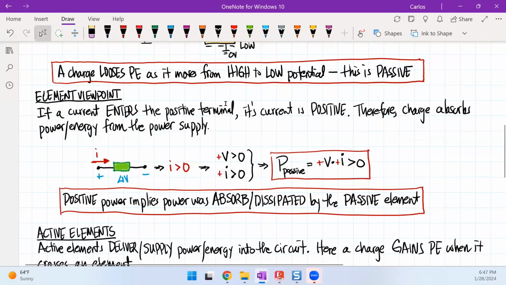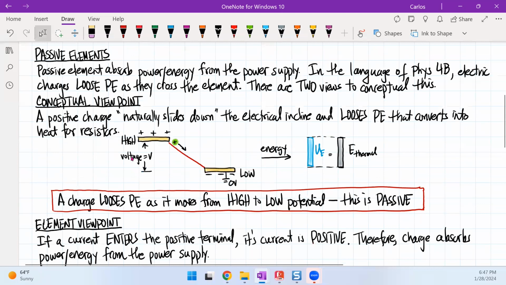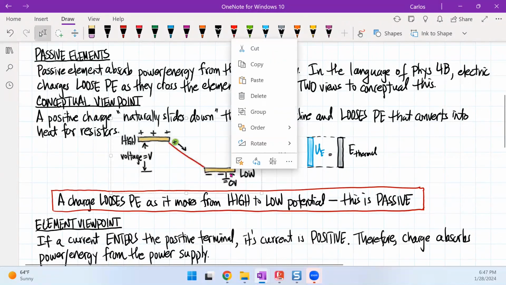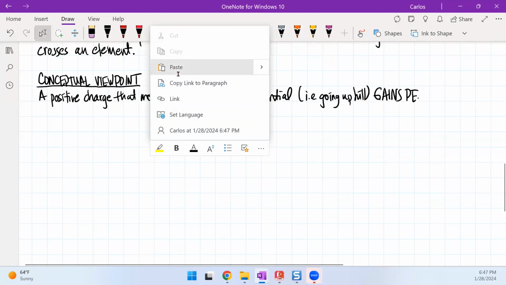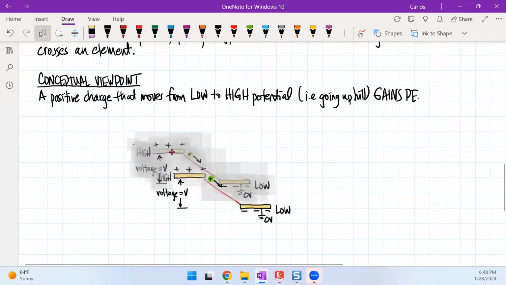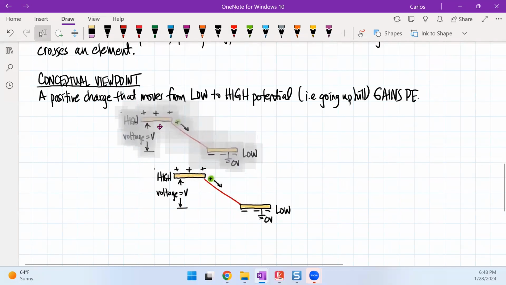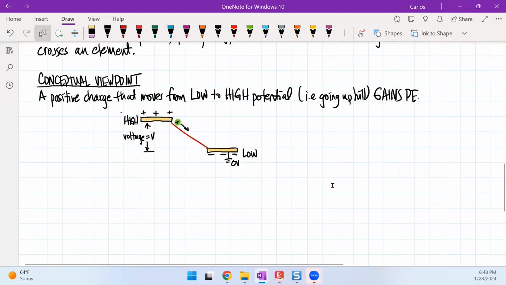So again, if I steal from our previous picture over here, I can do this here. So if I place this right here, here's what we're finding. What is this charge doing here? This charge is moving uphill.